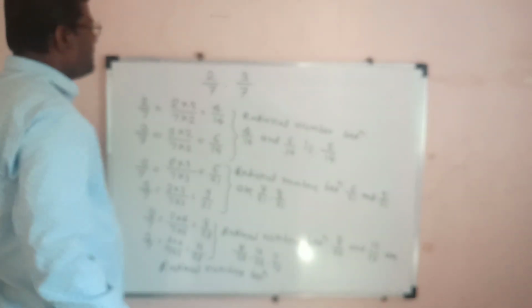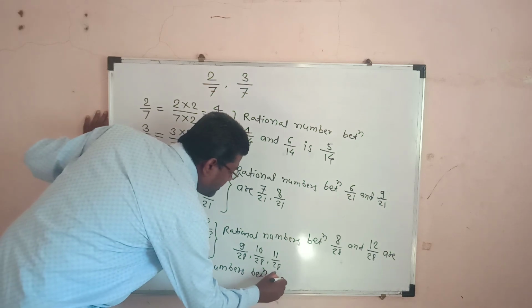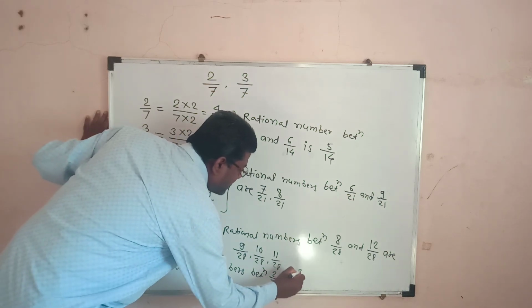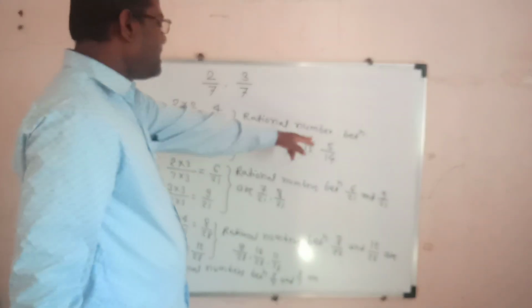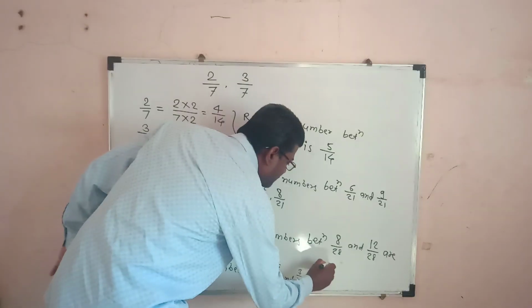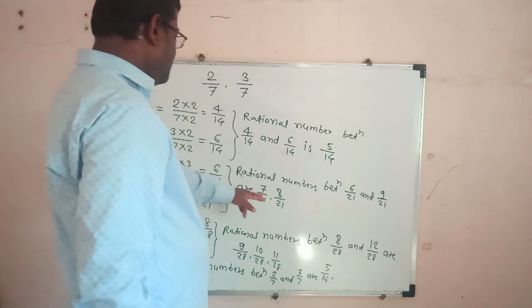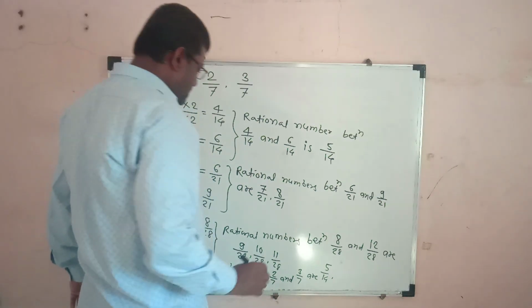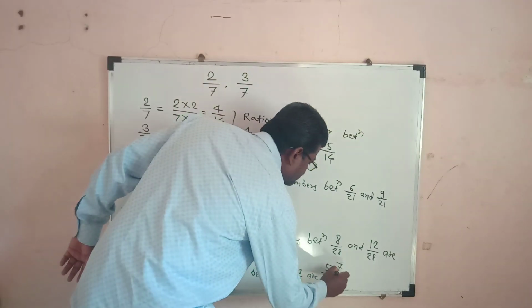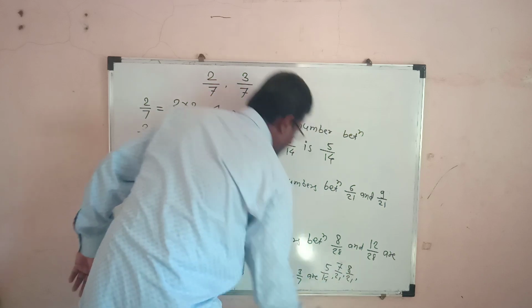Thus, rational numbers between 2 upon 7 and 3 upon 7 are, here is one rational number, 5 upon 14. Here are two rational numbers, 7 upon 21 and 8 upon 21.